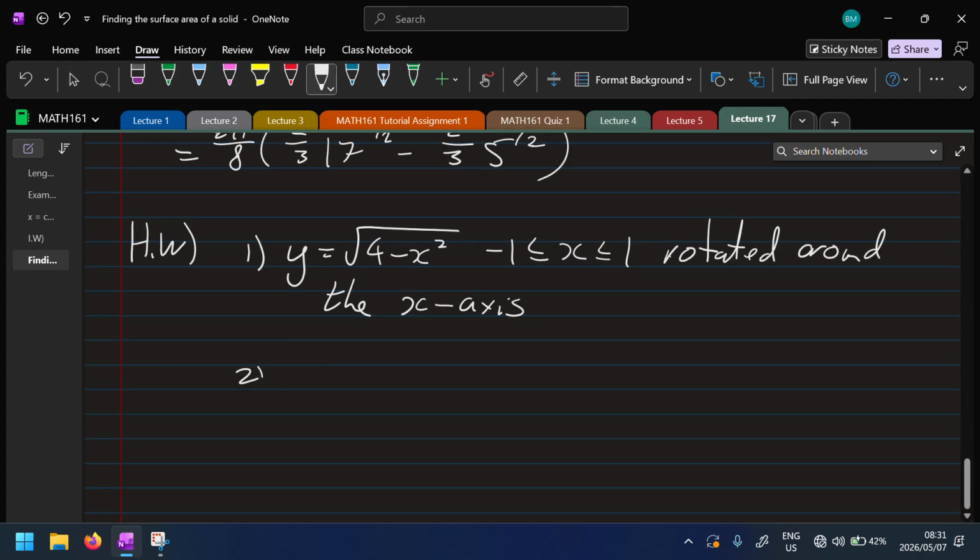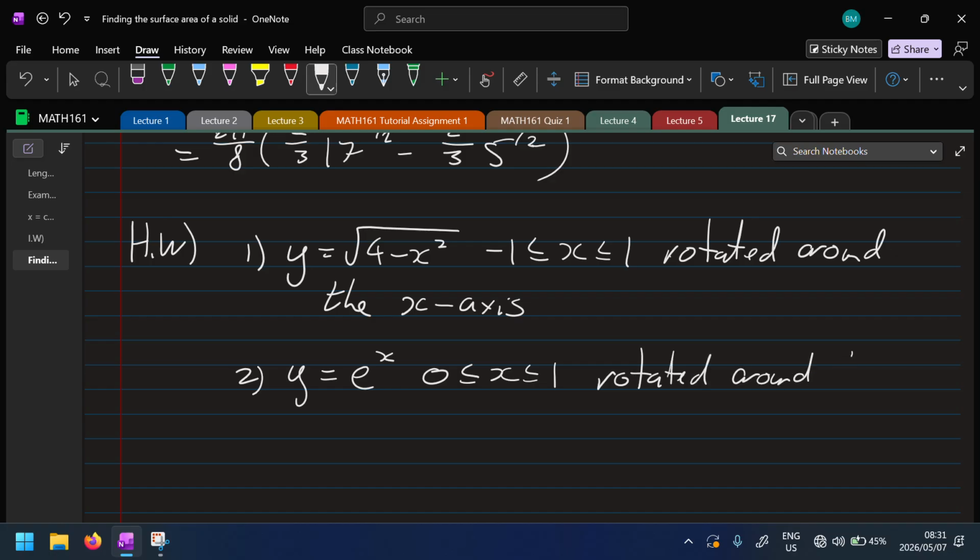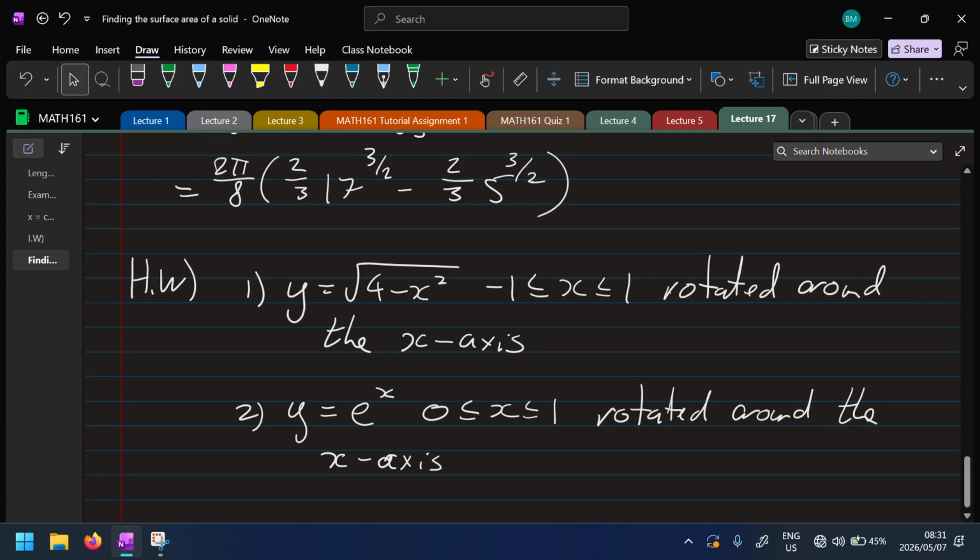Okay. And number 2, y equals e to the x from 0 to 1, rotated around the x-axis. Please remember to include the sketches as well. All right. Any questions for the homework?